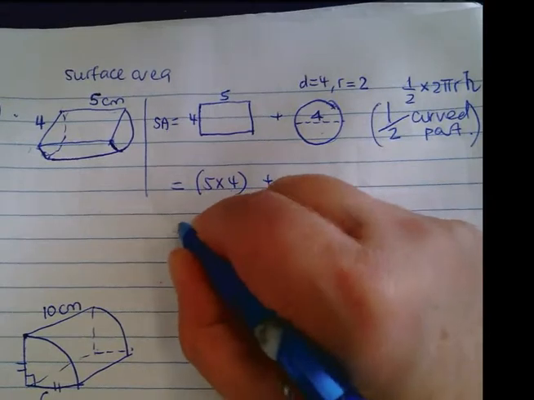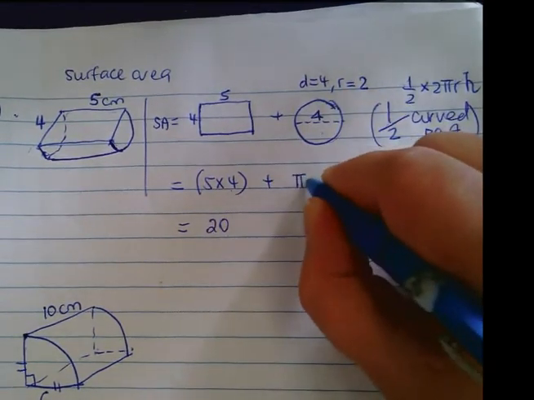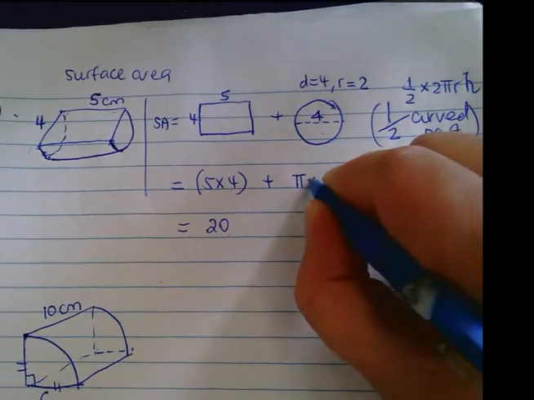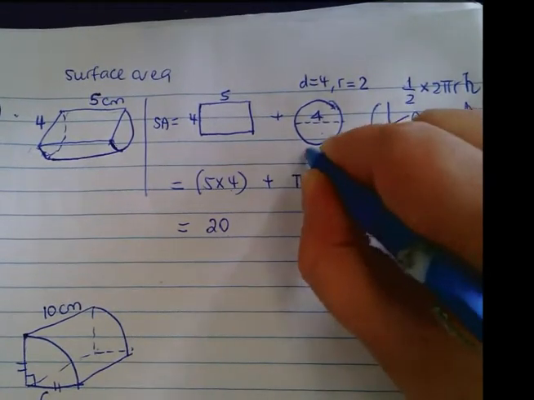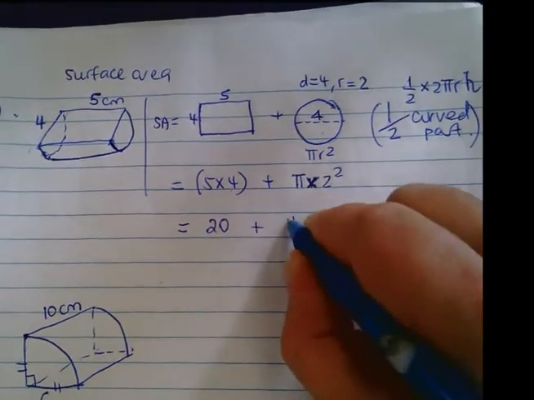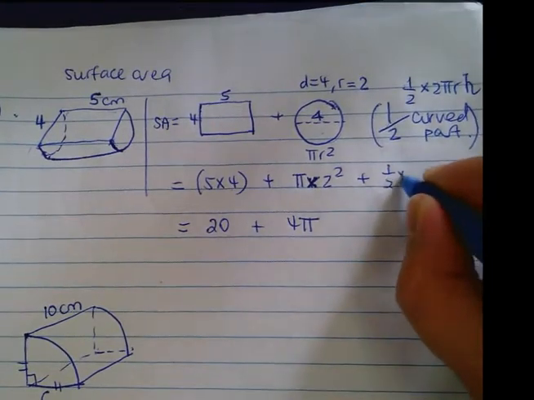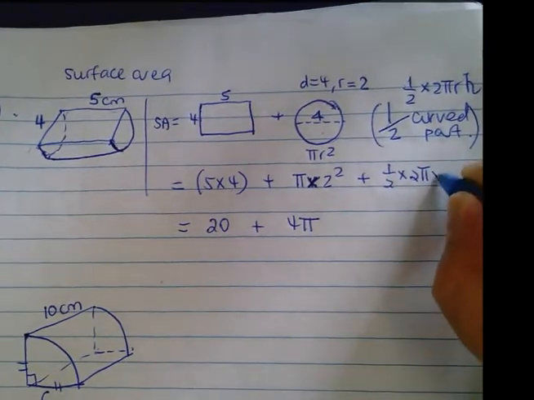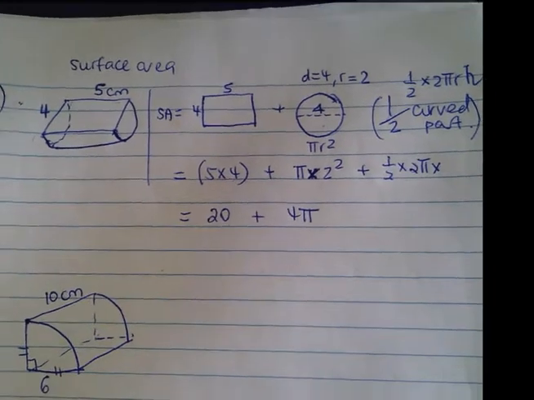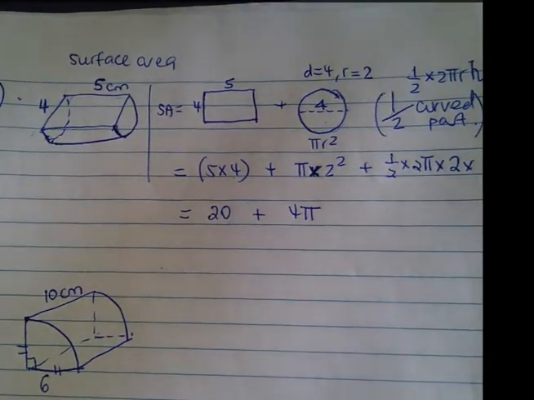5 times 4 is the rectangle, which is 20. The full circle is pi r squared, which is pi times 2 squared, which is 4 pi. And half the curved part is a half of 2 pi times, what's the radius of the circle? And what's the height of the cylinder? 5.